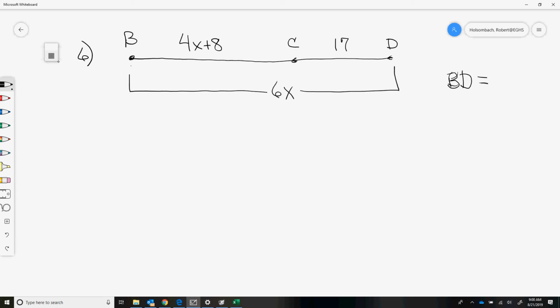Same setup: 4x plus 8 plus 17 equals 6x. Combine like terms again. So your 4x plus 25 equals 6x.